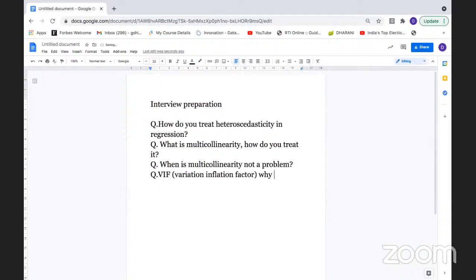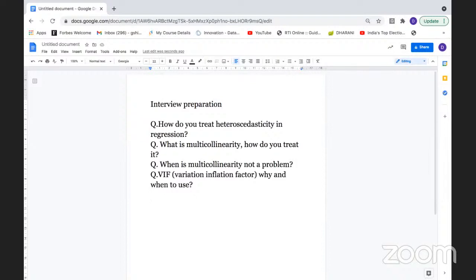So why and when to use this. When and why to use this. So it provides an index. What does that actually measure?